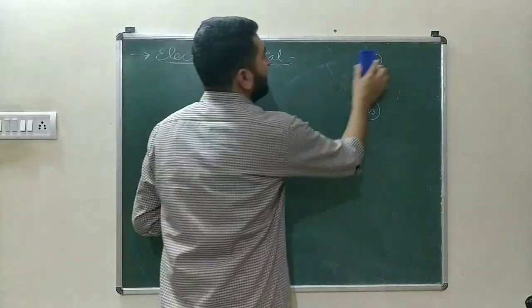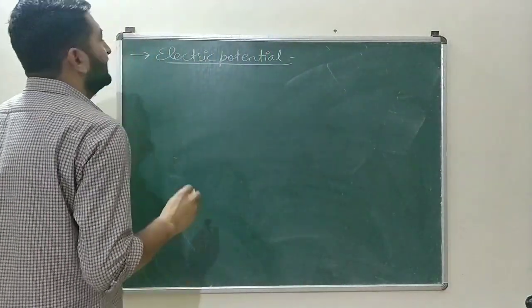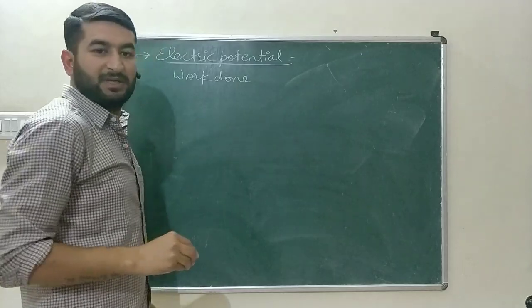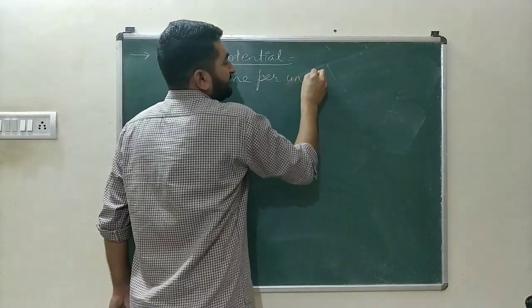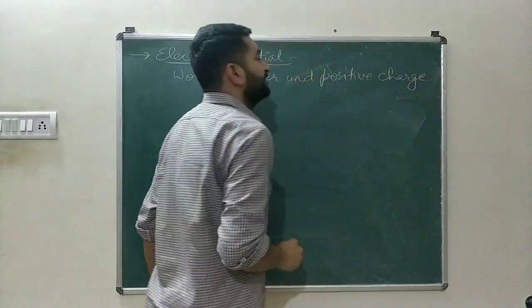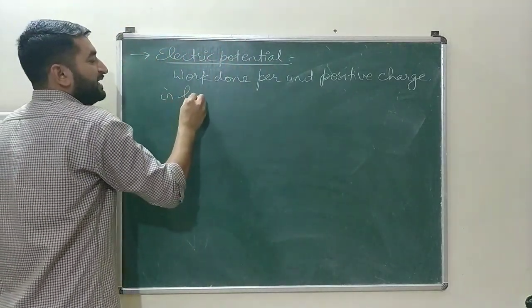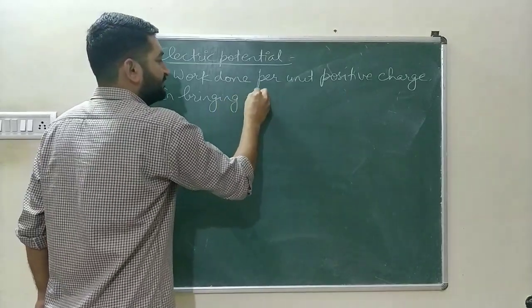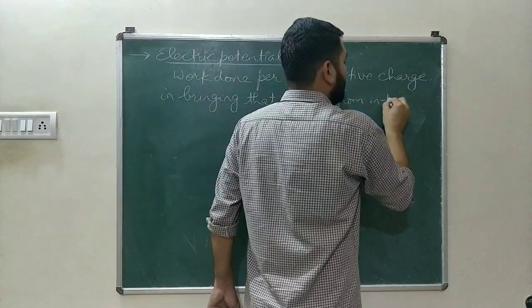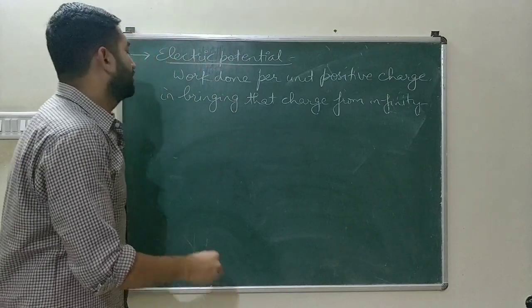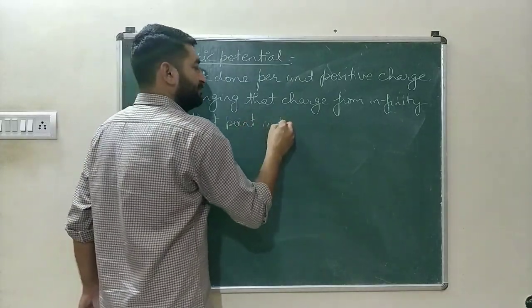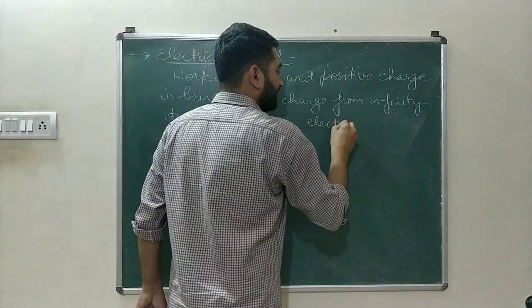Now we'll discuss the electric potential. Electric potential is the work done per unit positive charge in bringing that charge from infinity to that point in the electric field.